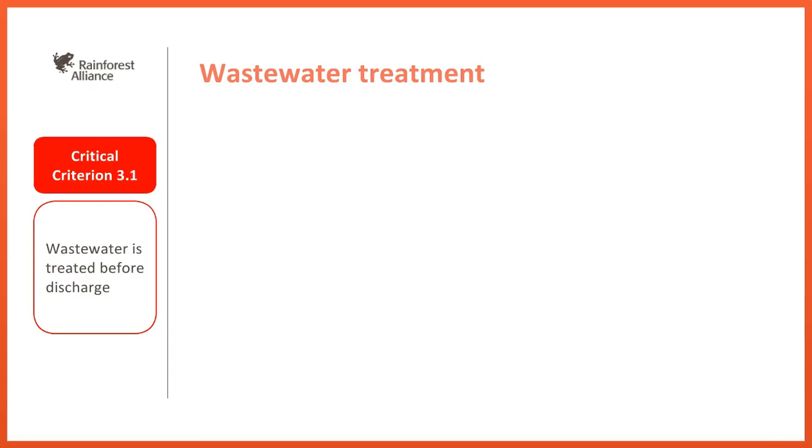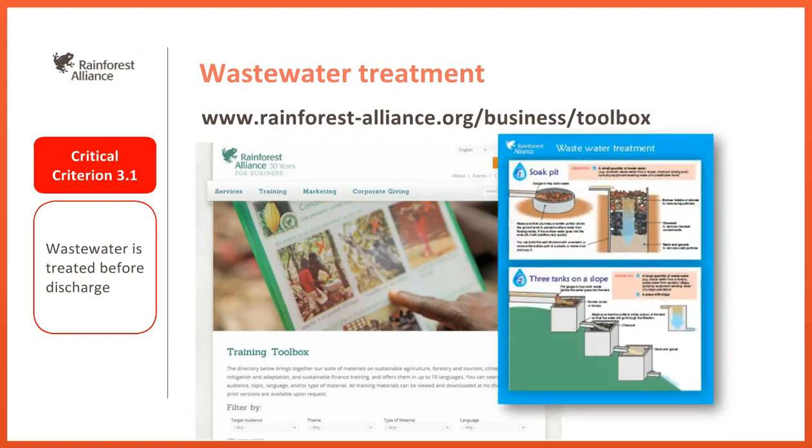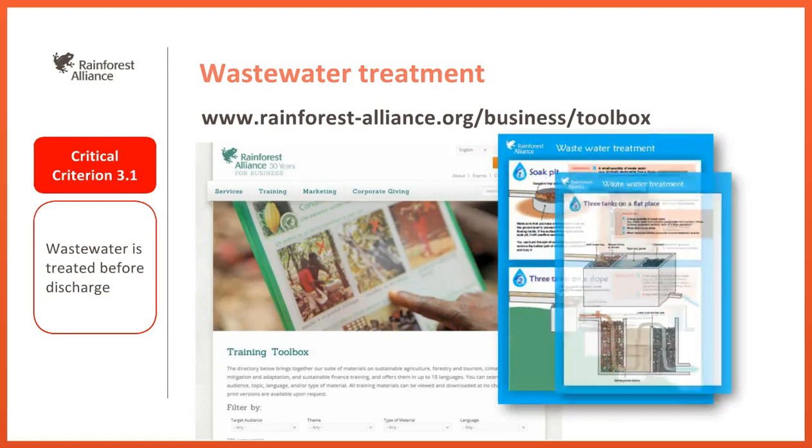Would you like to know more details on wastewater treatment systems? Please visit www.rainforest-alliance.org/business/toolbox. In the training toolbox of the Rainforest Alliance, you can find various types of wastewater treatment systems.